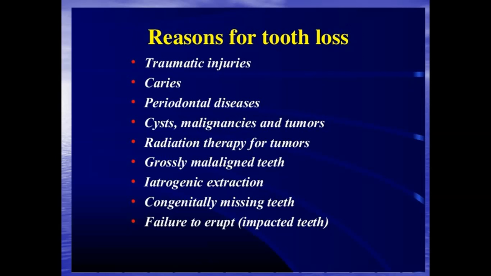Still, you need to know that we can see the teeth which were extracted because of cysts, malignancies, and tumors of jaws, radiation therapy for tumors. In a normal case of a jaw excision or extraction because of malignancy, all the teeth of this jaw, even being healthy and nice, are extracted to prevent infection of the operation site.